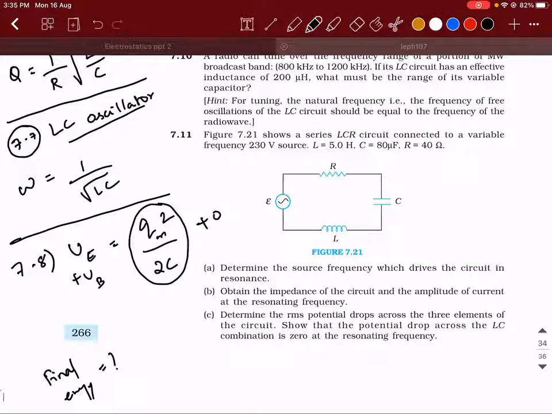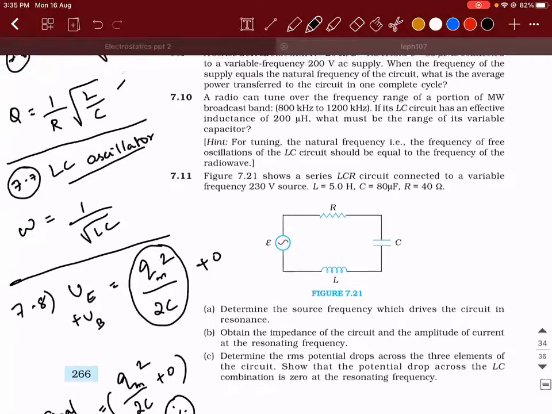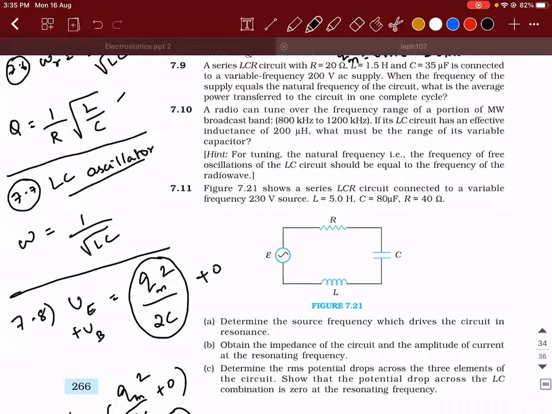It's 0 plus Q_m square by 2C. Why is it? Because it works on the energy conservation principle. That is Q_m square divided by 2C plus 0. Right, I told that point. So have this in your mind. This can be asked this year. This kind of a question is possible because it's worth 1 mark. The point that you're supposed to know in this problem is LC oscillator works on the principle of conservation of energy.